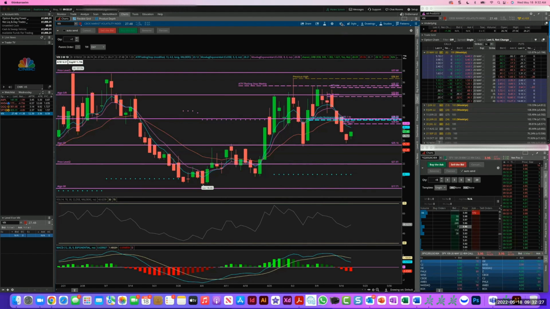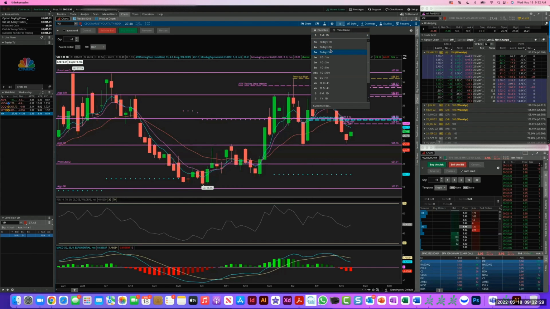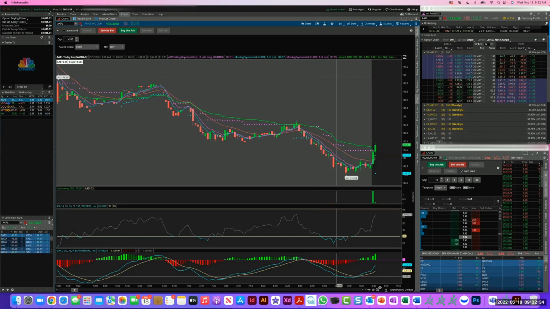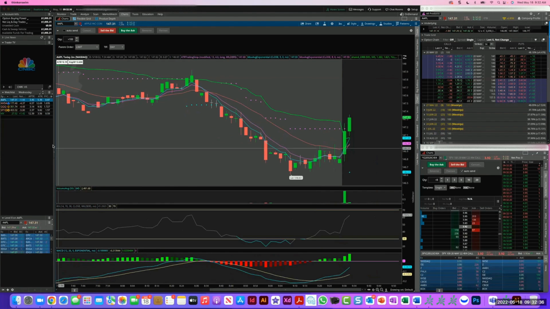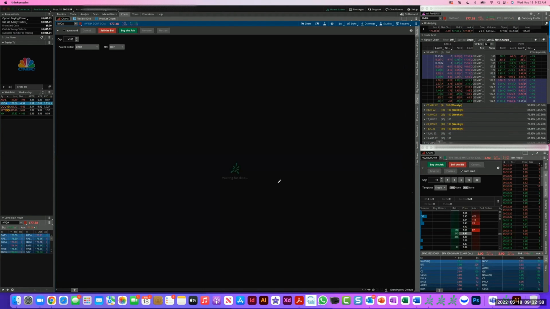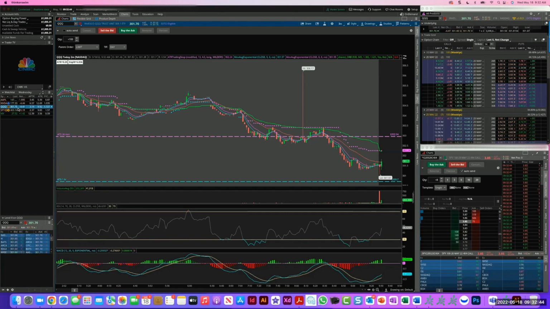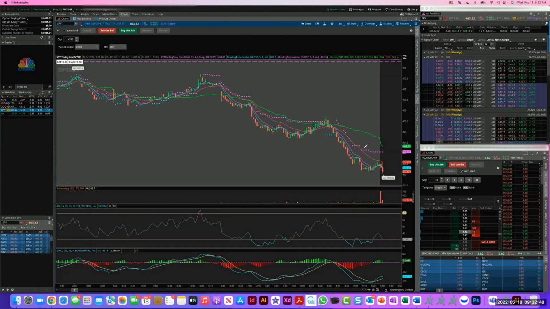So it may not be finished with its move to the upside yet. And everything does appear to have resistance. So we see this ATR trailing stop for SPY.